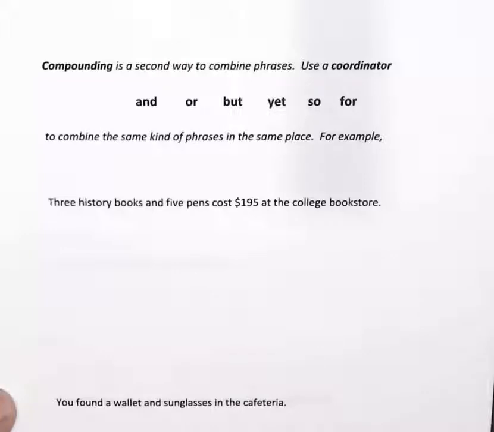Why don't we do these one at a time, and maybe stop the video, do sentence number 1. Let's analyze it down to the word level. When you're done, come back and we'll take a look at it together. Three history books and 5 pens cost $195 at the college bookstore.